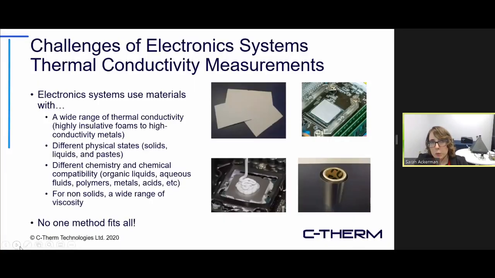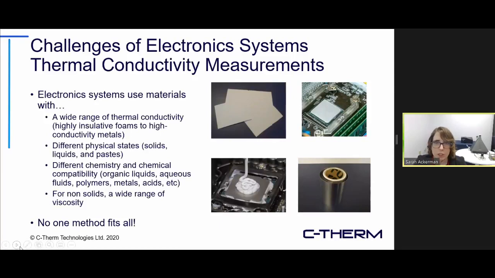So how does all of this apply to electronic systems? Well, electronic systems use a very wide variety of materials in their construction. You've got thermal conductivity ranging from low conductivity foams and aerogels, around about 0.03 watt per meter Kelvin or even lower, all the way up to very high conductivity metals or even carbon allotropes, where you might have a thermal conductivity of several hundred watts per meter Kelvin.